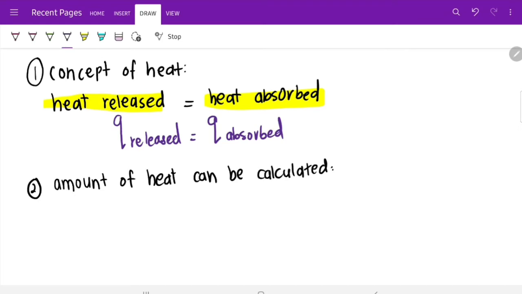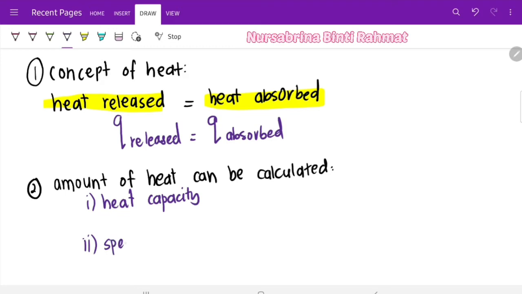The amount of heat can be calculated depending on whether you are given the heat capacity or the specific heat capacity. So what is the difference between these two?